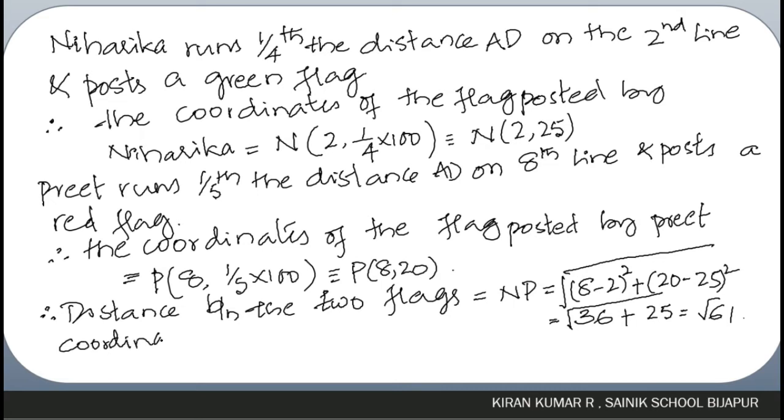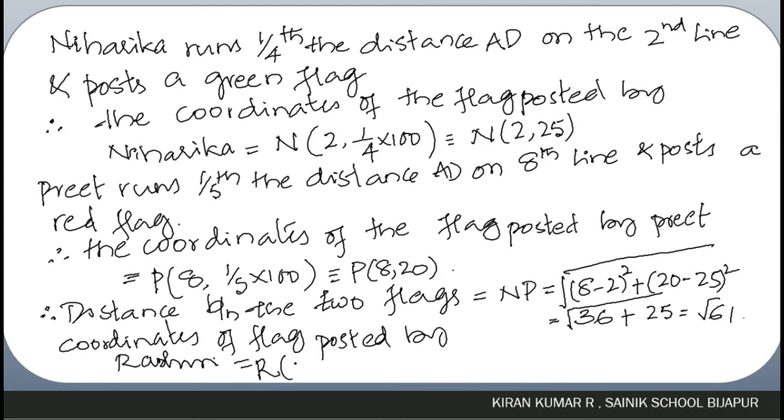I'll call it with the letter R. Midpoint formula is (x1 plus x2) divided by 2. So it is (2 plus 8) divided by 2, (25 plus 20) divided by 2. This will be equal to 5, 45 by 2.